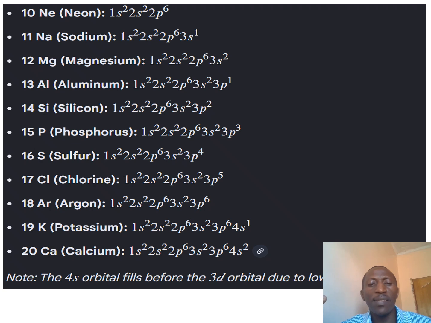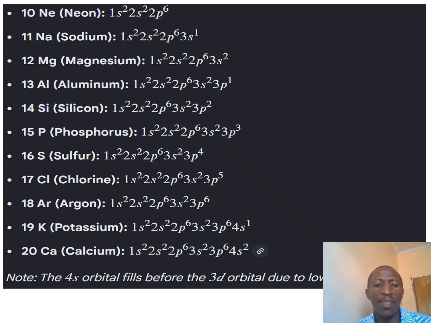Talk about others like sulfur, 16: 1s2, 2s2, 2p6, 3s2, 3p4, and so on. Let's take potassium, 19: 1s2, 2s2, 2p6, 3s2, 3p6, 4s1.